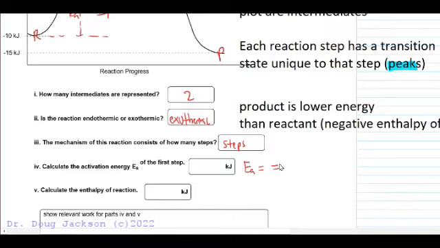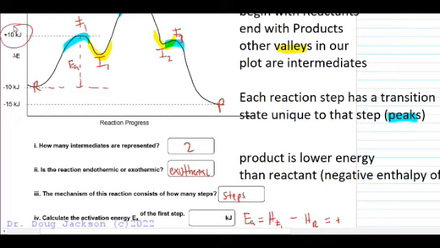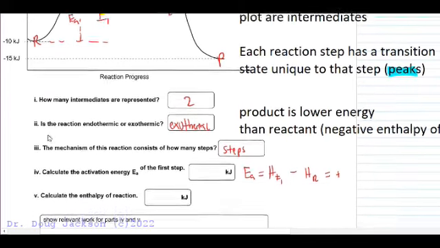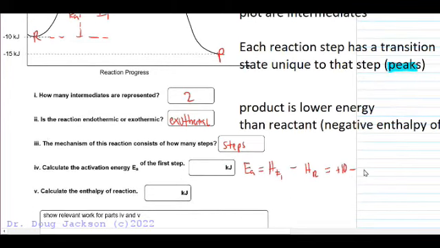And so that's the delta. Let me put it in terms of enthalpy: the enthalpy of the transition state minus the enthalpy of the reactant. That's going to be plus 10 from the number line, the top of the state there, so plus 10 minus negative 10.